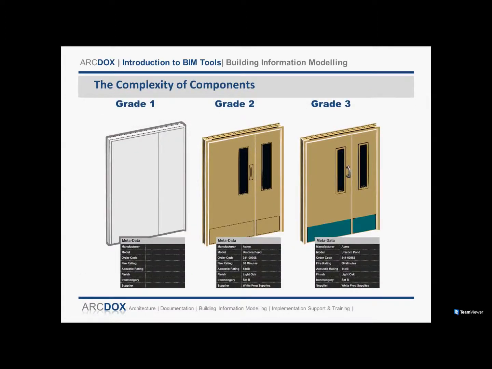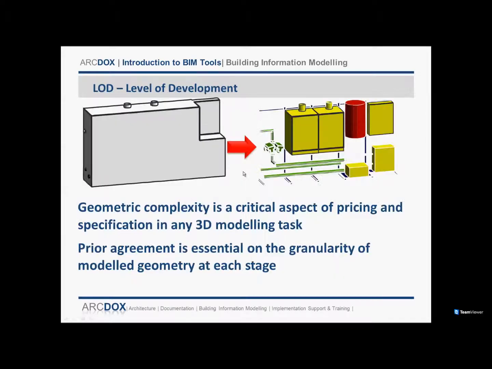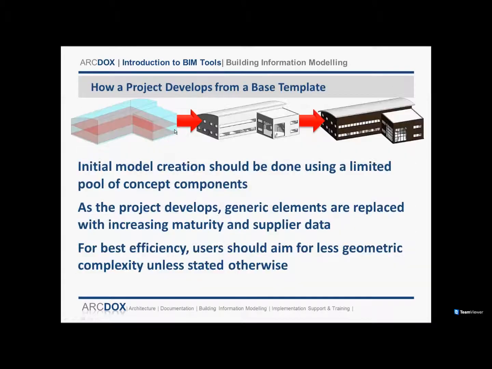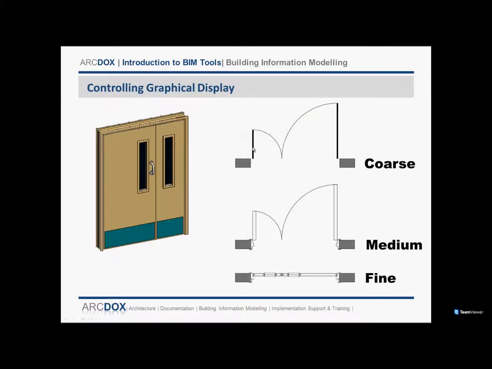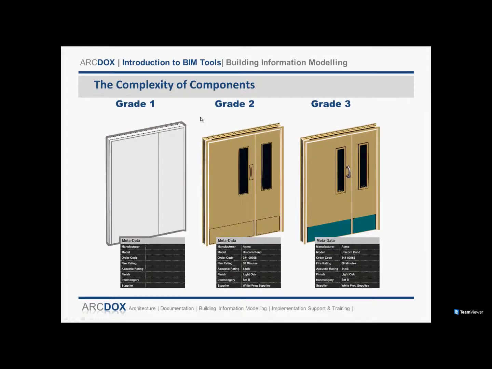So complexity of components. We have grade 1, grade 2, and grade 3. I'll just go back a few slides. Now this is grade 0, grade 1, and grade 2. Same terminology here. So grade 1, grade 2, and grade 3. So it's going up one step.